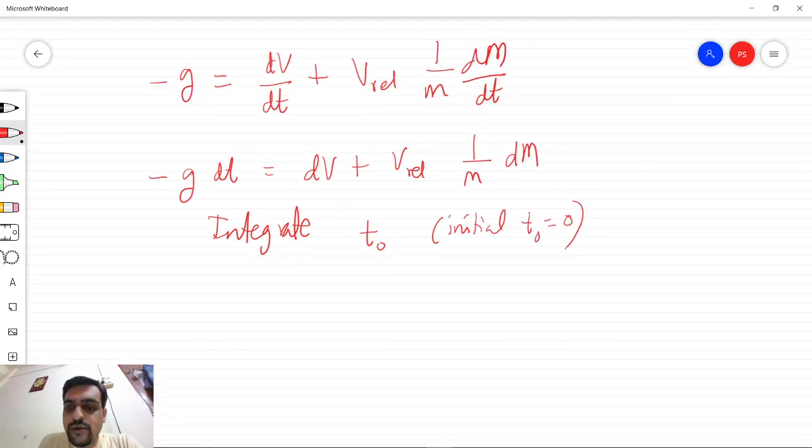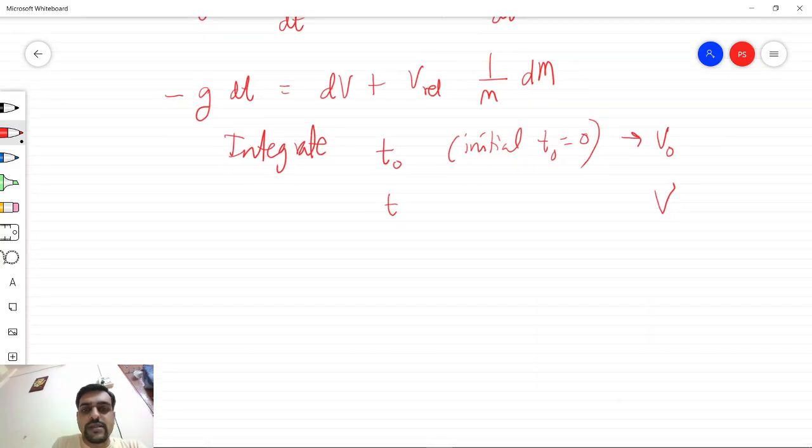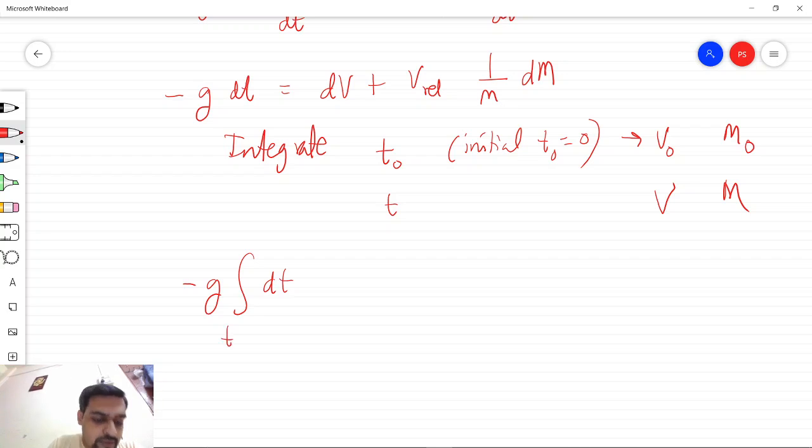Say v0 is the speed of the rocket at this initial instant, and v is its speed at some later instant t. So this equation can be integrated. Similarly, m0 would be the initial mass of the rocket, and m would be the mass of the rocket at some later instant t.